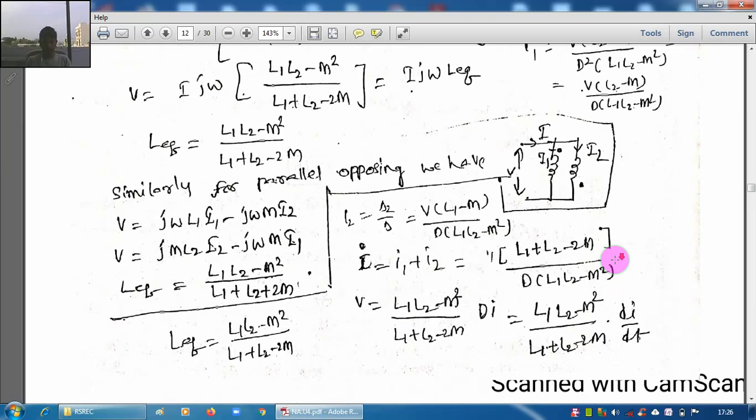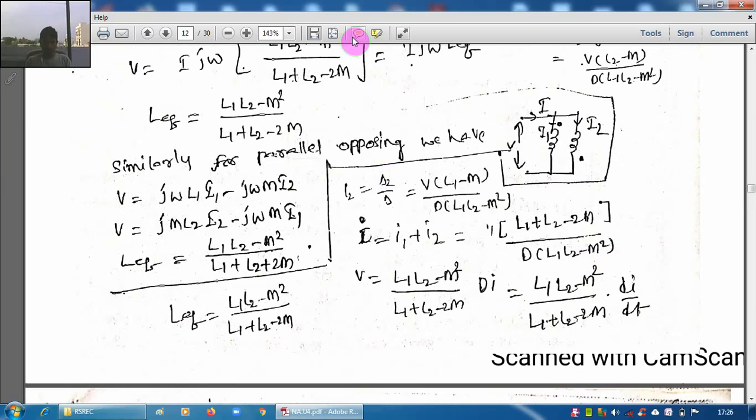Similarly we can show that in case of parallel opposing, the only thing is the mutual EMF will be minus, so minus is mentioned, and if we simplify we will get the equivalent inductance as this.